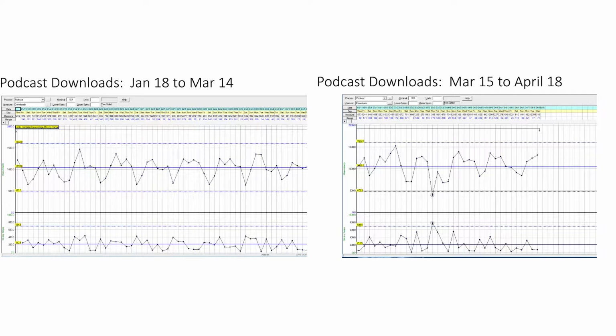Notice that we have not only the day of the week listed on the little spreadsheet piece up at the top, but we also have the date, the day of the week, and then the actual data value, since it's a little bit hard to see what the actual data value is on this graph.